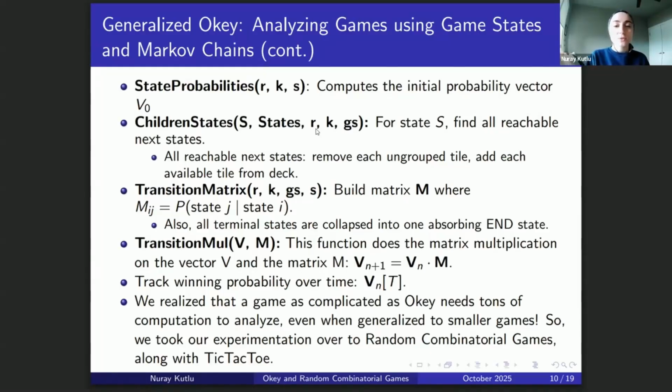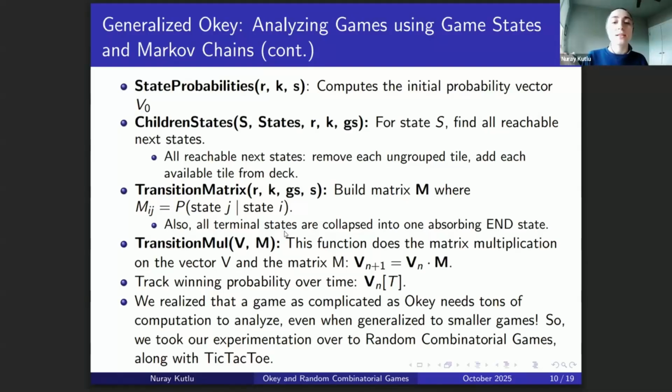And the transition matrix basically is the probability that state I will turn into state J. And all the terminal states, instead of putting them as distinct states on the transition matrix, are all collapsed into one absorbing end state. So everything also has a probability that they will transition to the end state.